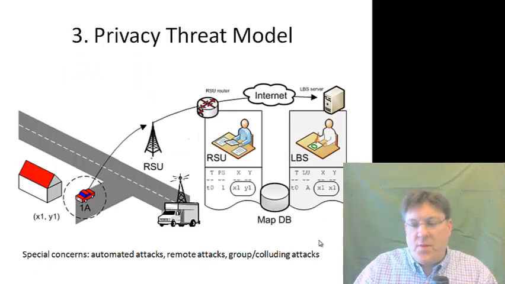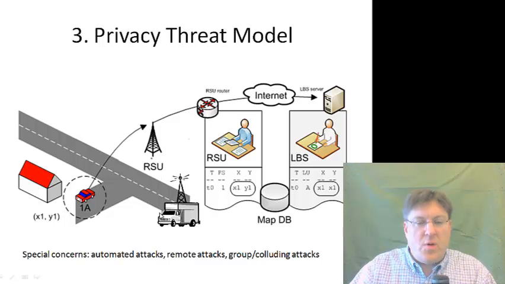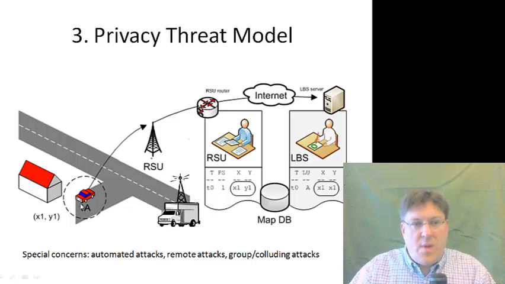The privacy threat model that we are looking at is a three-part model. One is the threat of a person locally, or a vehicle or an antenna set up very close to where the target of the eavesdropping would be, and they can monitor these wireless transmissions to see the location of the vehicle in question.